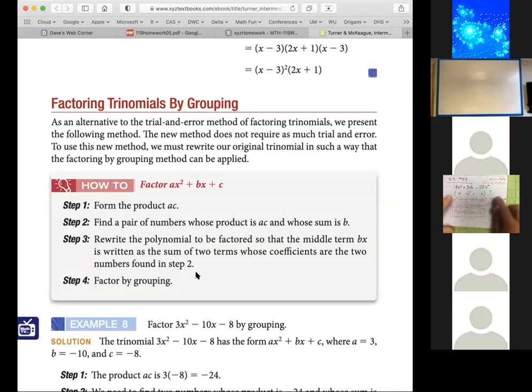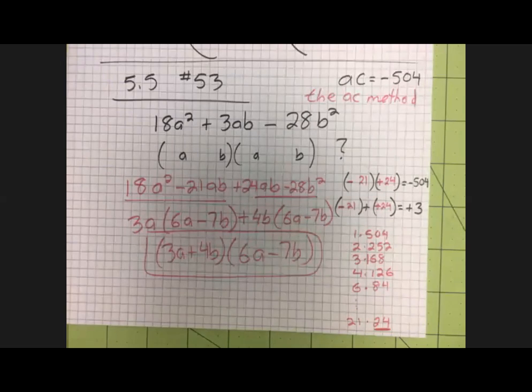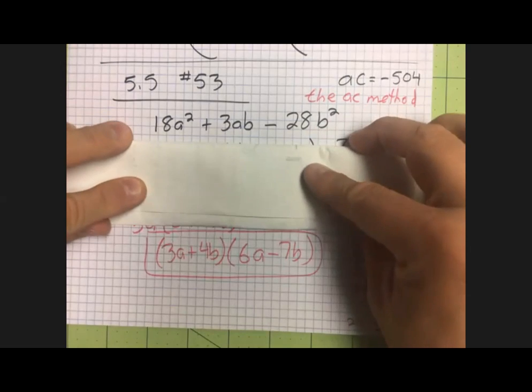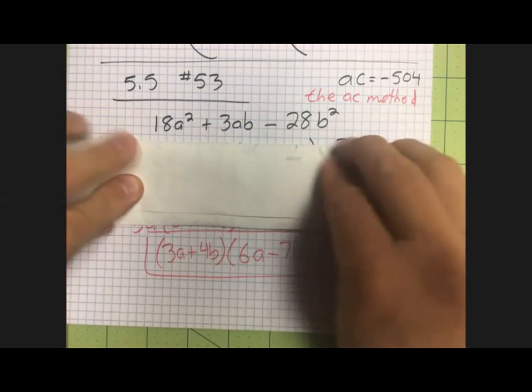But let me go back to my paper. With practice, you could learn to go from there to there in one step. I had a folded piece of paper.